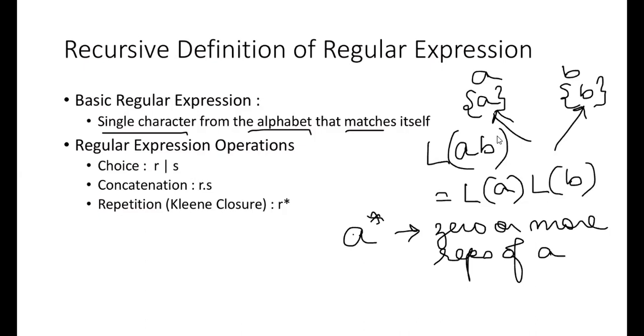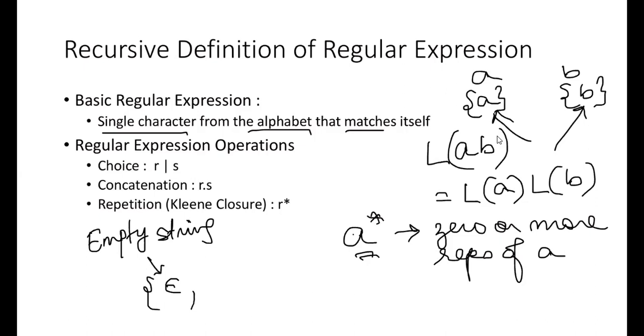That means I'm not going to repeat A, no repetition of A. So when it is no repetition of A, it means a special string known as epsilon, or this is also known as the empty string. Empty string, we mean that it does not contain any character, no character. So epsilon.